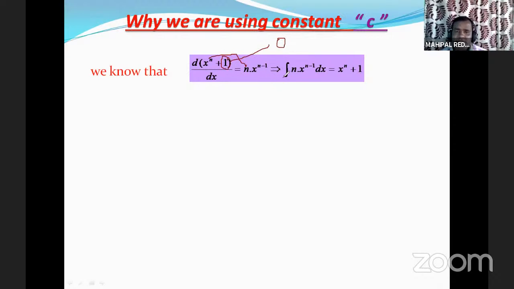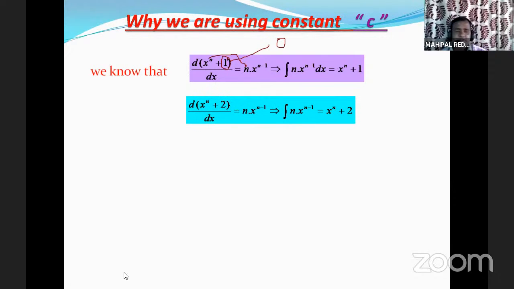But we know that integration is the inverse process. So the integration of n into x power n minus 1 with respect to the variable x is x power n plus the constant 1.